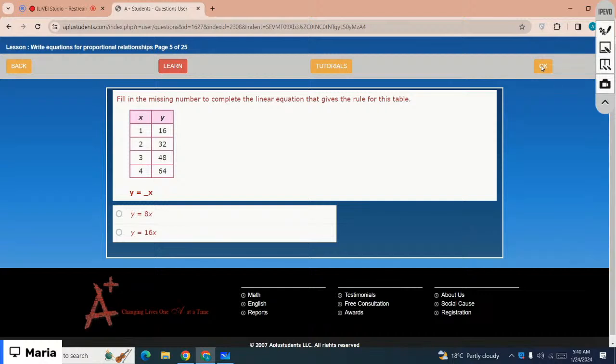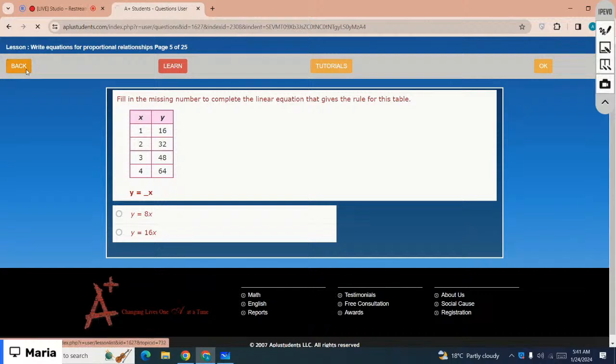The correct option is y equals 16x, right? Okay, you can complete the lesson by yourself later today.